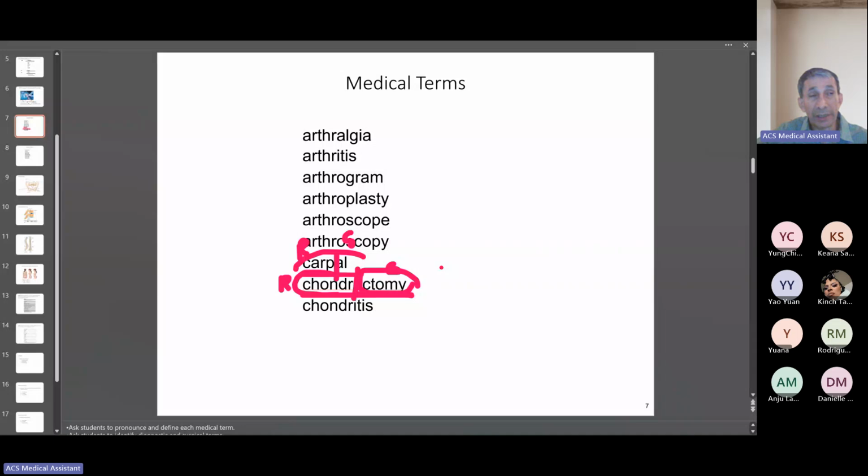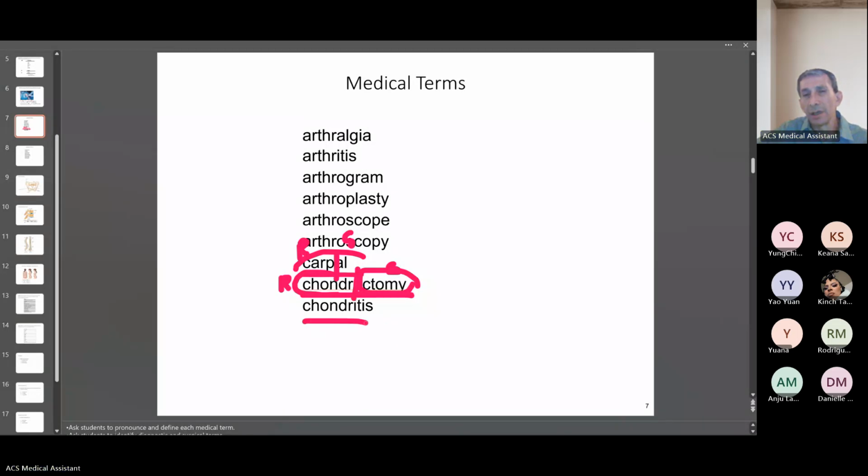Depending on the part of the body, we might just fuse those, so you're not going to be able to move that articulation because there is no treatment for it. So ectomy means surgical removal. And what is it that we are removing here? The cartilage.